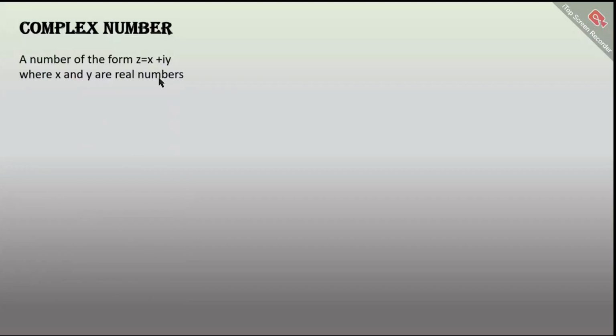They are real numbers. Now here, the i is called the imaginary unit and is represented by the root of -1. The name is the imaginary unit, but it is represented as the root of -1. However, when you're talking about complex numbers, the x and the y are the parts of the complex number, and they have been given names.